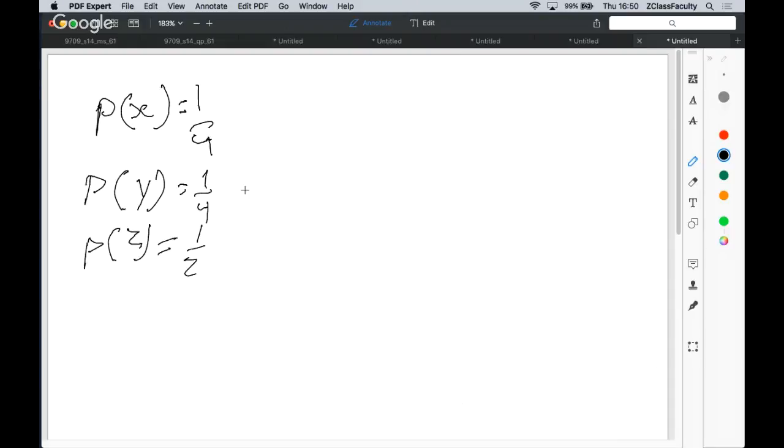So then you just need to take the playhouse randomly. You need to take the probability of x and what is playhouse P, and then the probability of y.